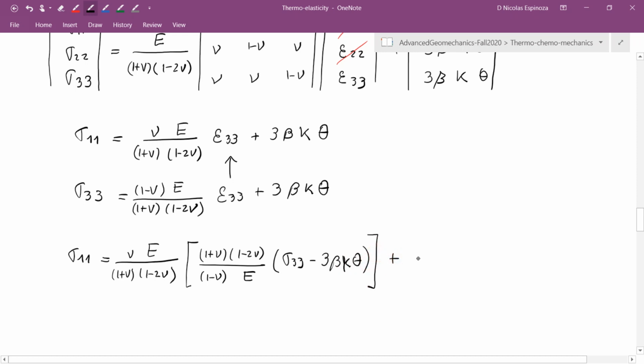And this is going to be plus 3 beta k theta.